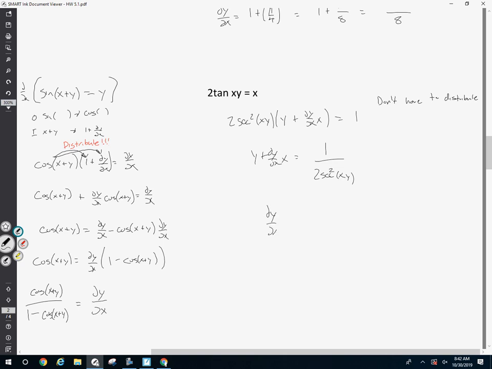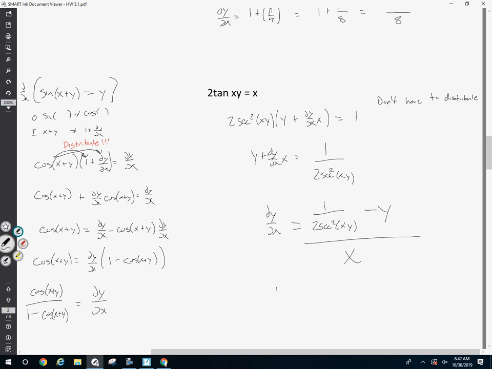Now, will this look pretty? No, but you can do this. Still tangent slope generator. It'll be a little bit messier than if you distribute.